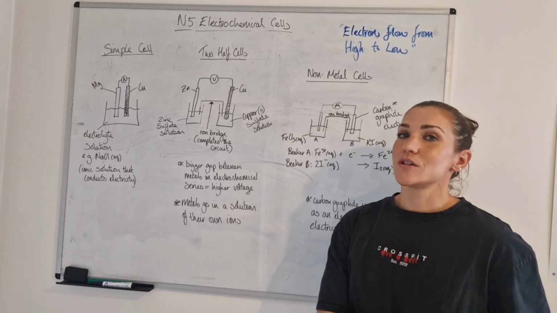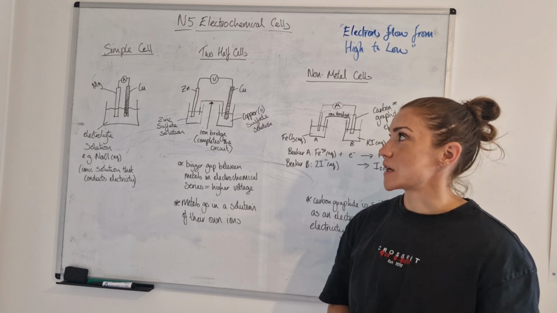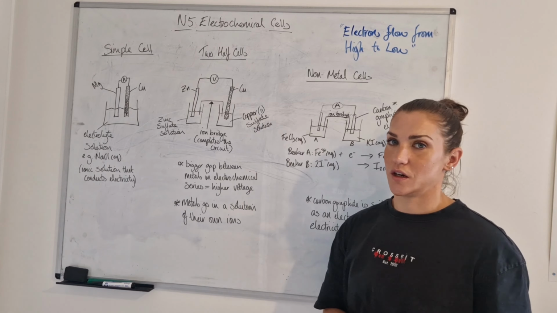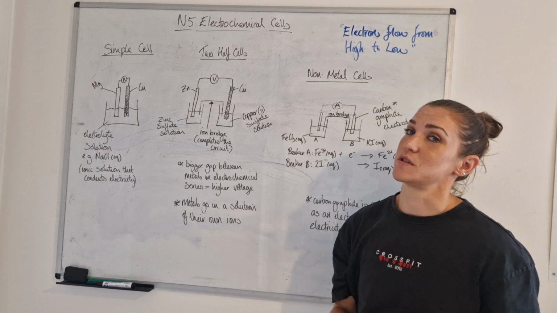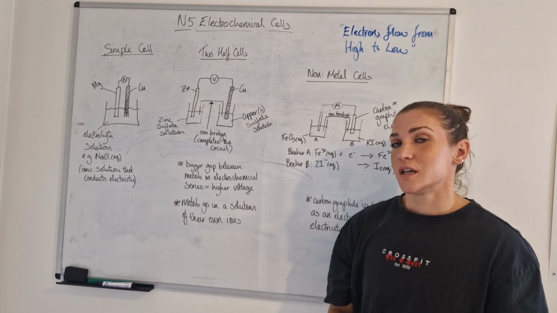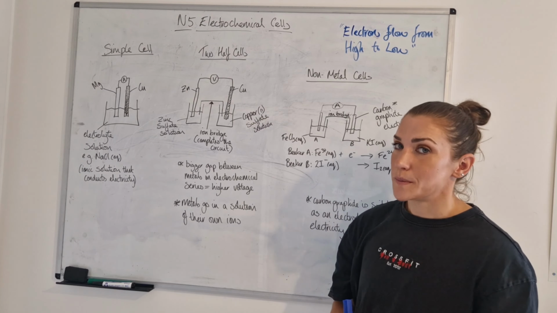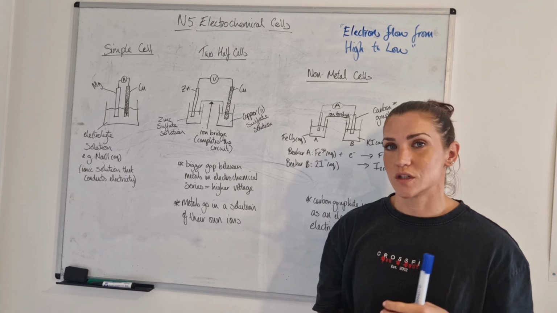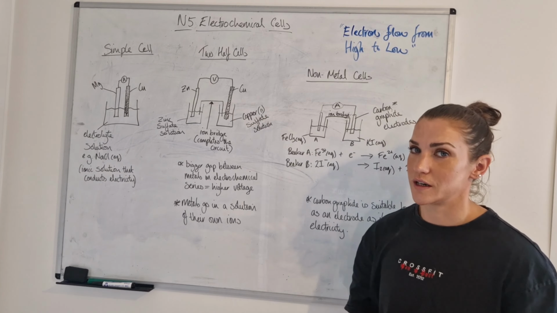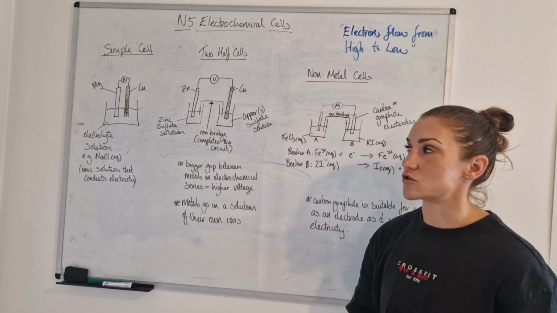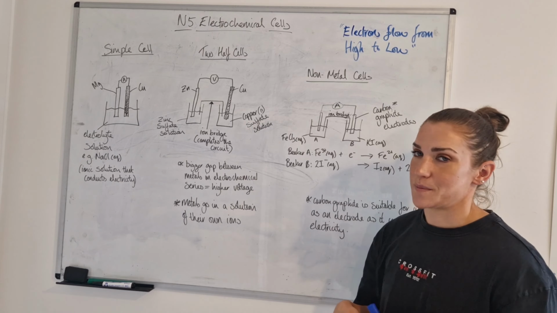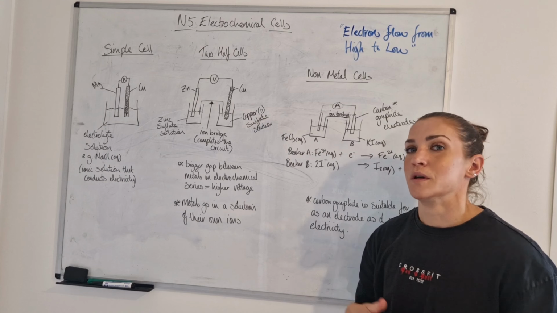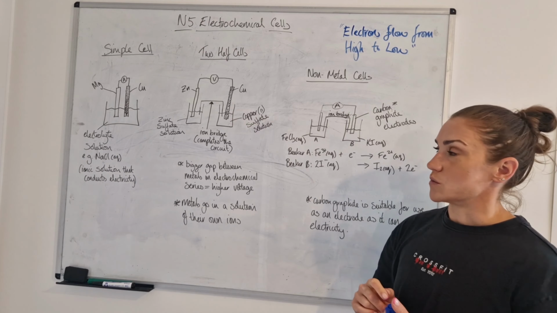Okay, National 5ers, so now we're going to look at the electrochemical cells. So what I've done here is laid out diagrams of the 3 different types of electrochemical cells you will come across. They're basically all the same thing because they all produce electricity and an electrical current by causing a flow of electrons. However, the way they're set up and the substances that are in them is a little bit different, so we'll go through them.